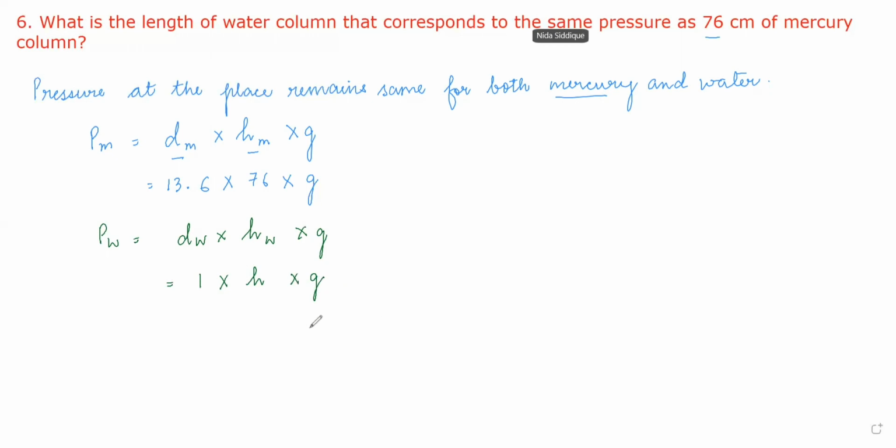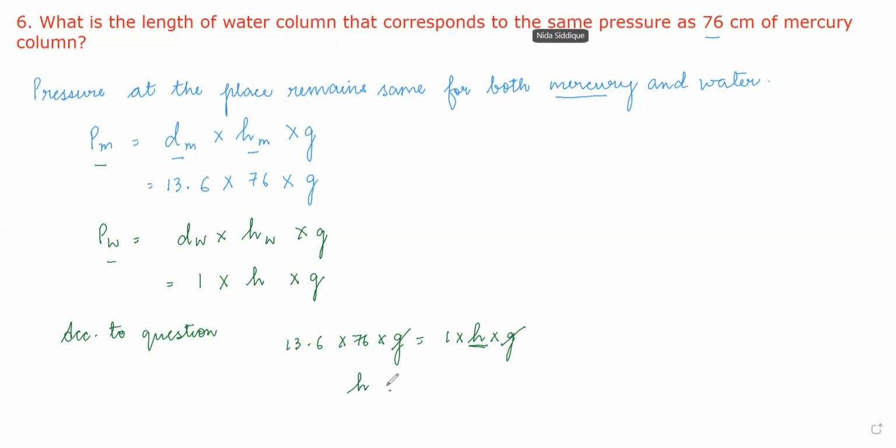Okay. So according to the question, the pressure exerted by the mercury will be same as the pressure exerted by water. That is 13.6 into 76 into G will be equal to 1 into H into G. We need to find the value of H. Okay, so G and G will get cancelled.